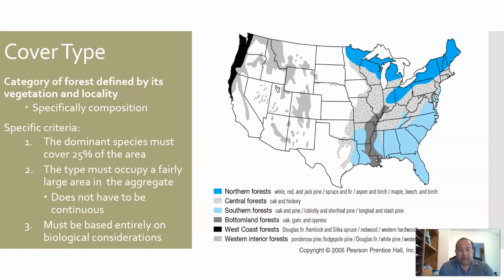And then the third part is that we're going to base it entirely on biological considerations. We're really just looking at the biology of the tree and of the forest. And here's our breakdown on the left of the different forests that we're going to look at.